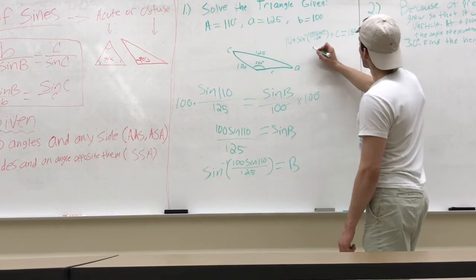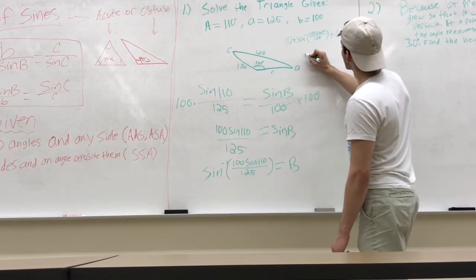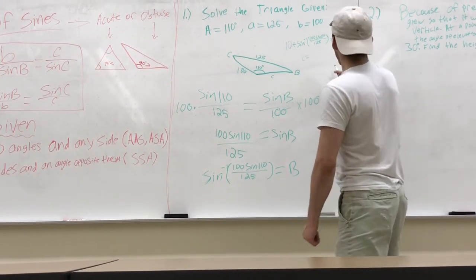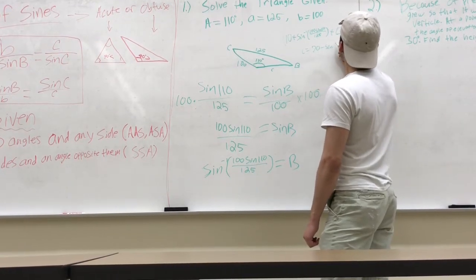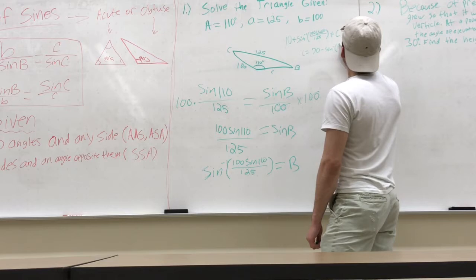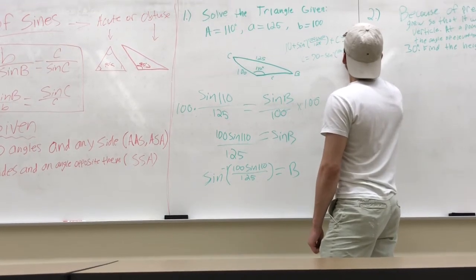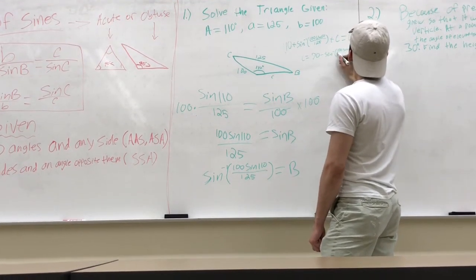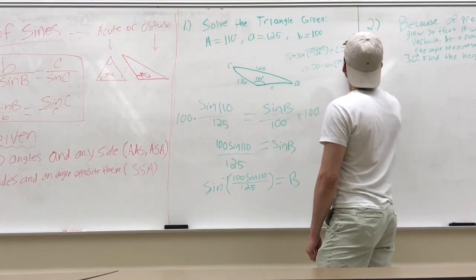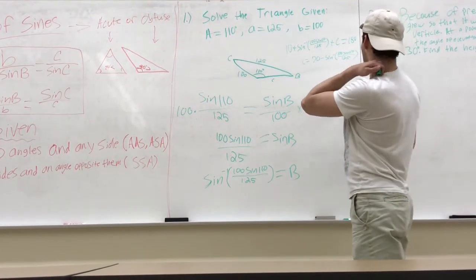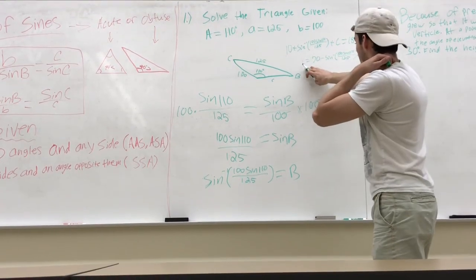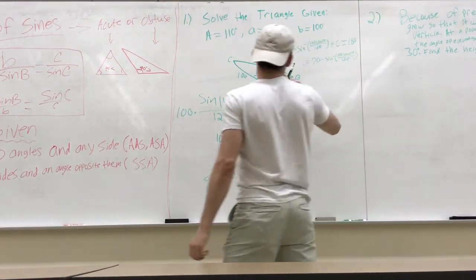So I'm going to subtract this over, so I'm going to get C equals 70 minus the arcsine of 100 sine 110 divided by 125. Okay. So now that I know this is the angle of C, I can go on to solve the side of C.